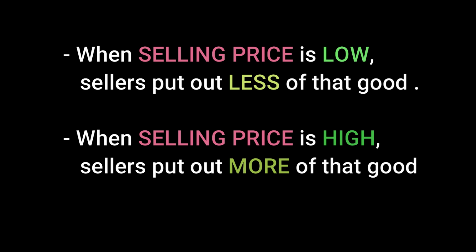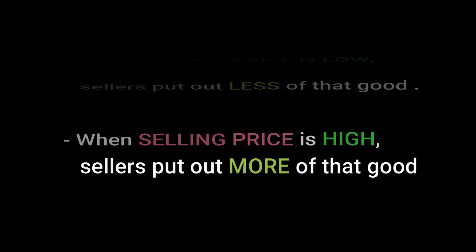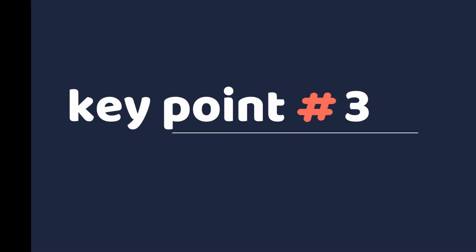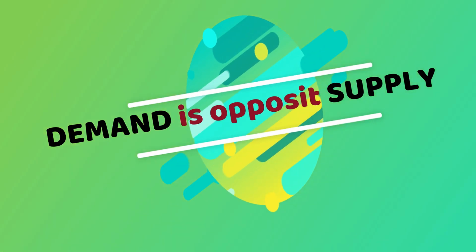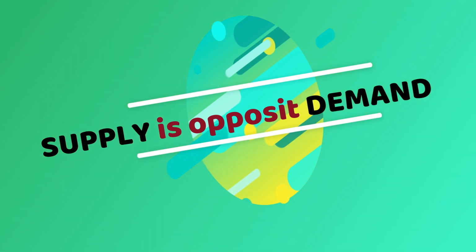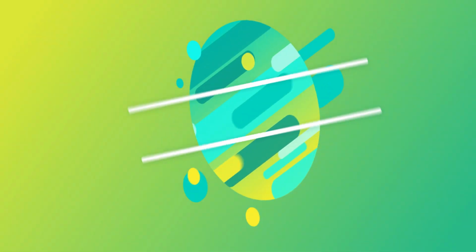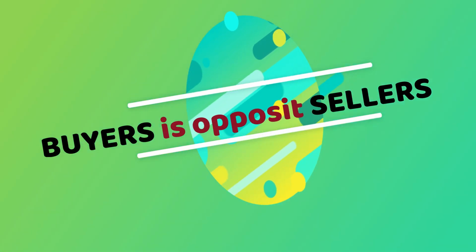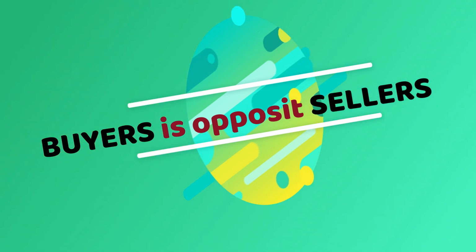However, if the price for goods is high, the seller or suppliers would want to sell more of that good. Number 3. Demand is the opposite of supply and vice versa. What that is saying is that the behavior of the buyers is the opposite of the behavior of the sellers.